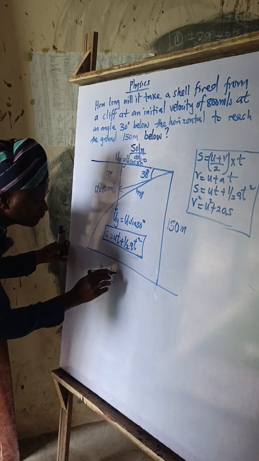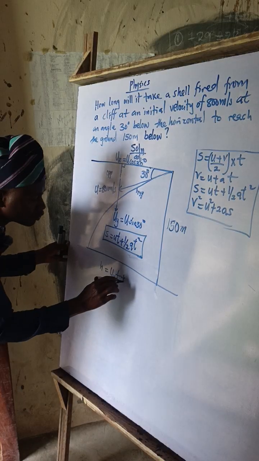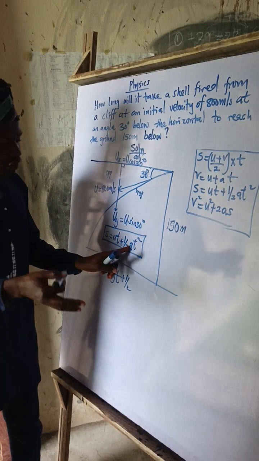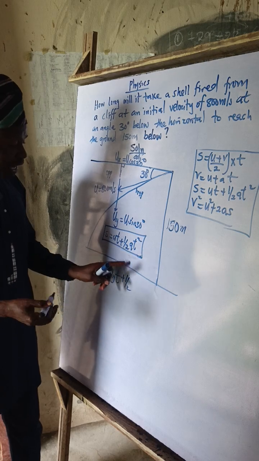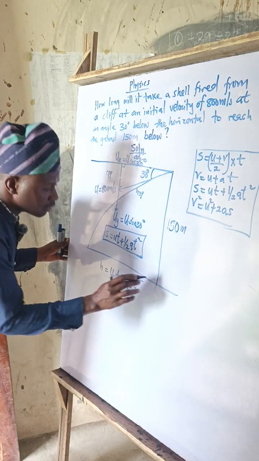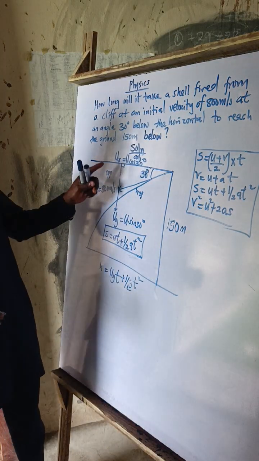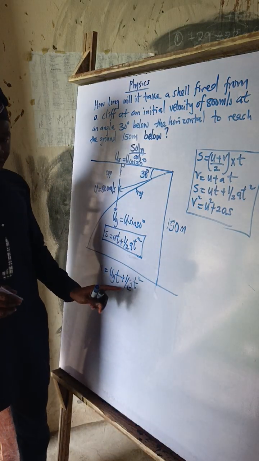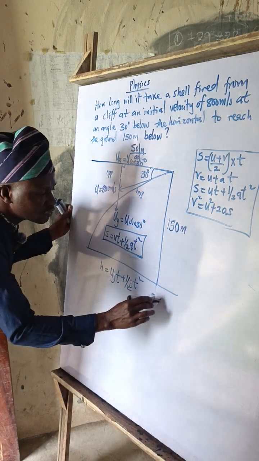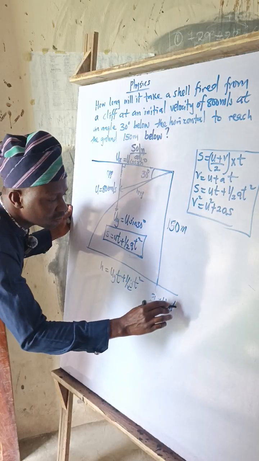We have u_y multiplied by the time taken plus 1/2. Now, this a is for horizontal acceleration, which can change at any point in time, but we are using g now, which is constant, g multiplied by t squared. Now, according to the information we are given, this g is 10 meters per second squared. Acceleration due to gravity, we have g equals 10 meters per second squared.